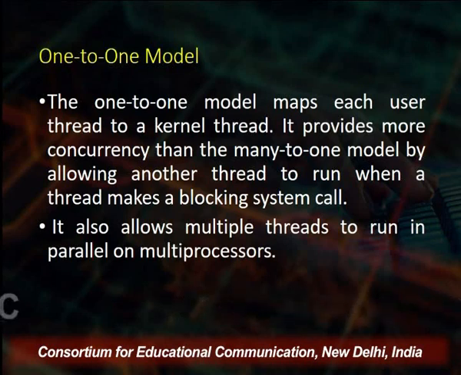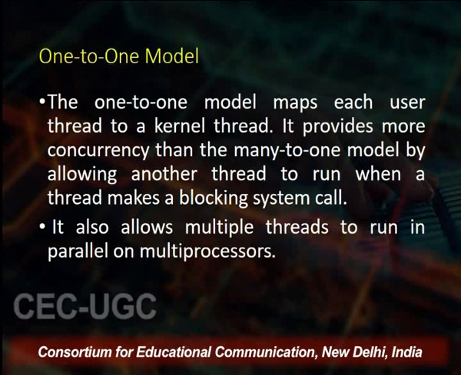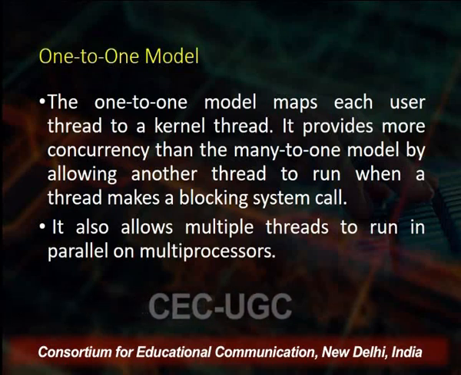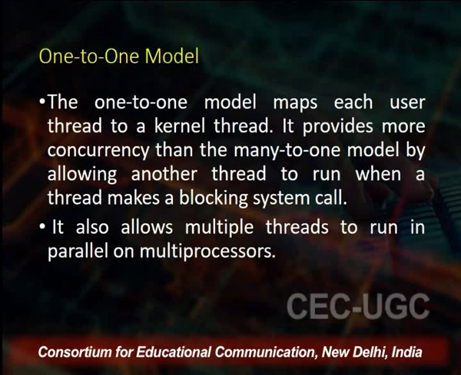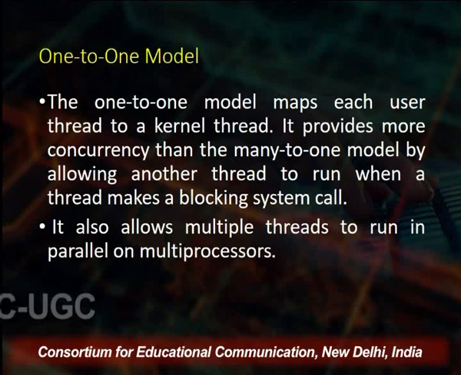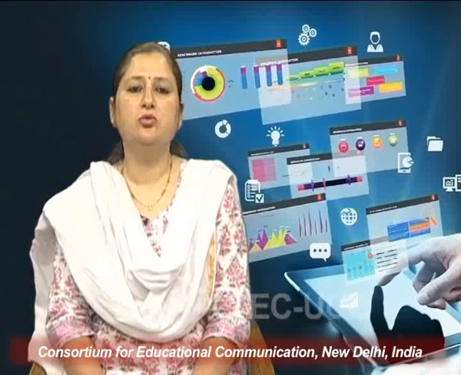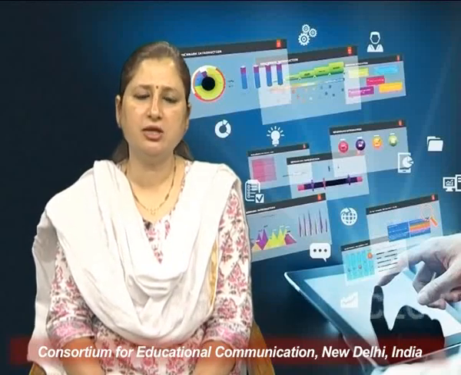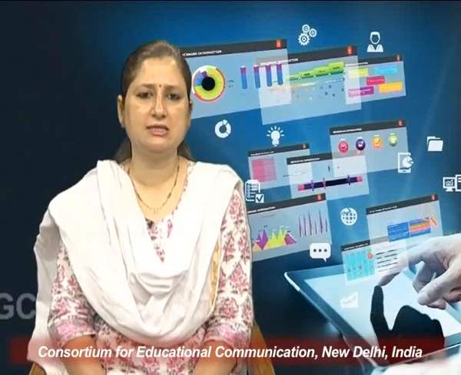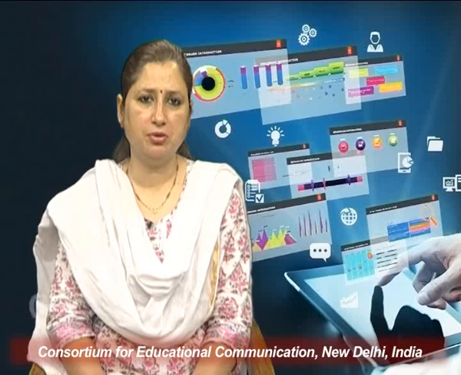It provides more concurrency than the many to one model by allowing another thread to run when a thread makes a blocking system call. Therefore this allows multiple threads to run in parallel on multiprocessors. The one to one model is commonly used in operating systems like Linux and Windows. It is a popular model.